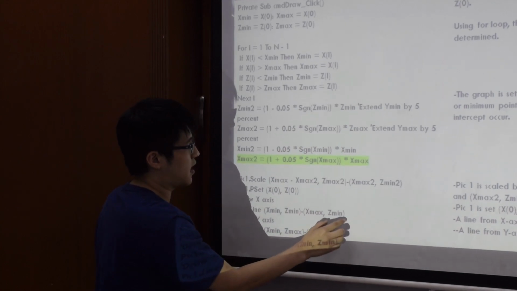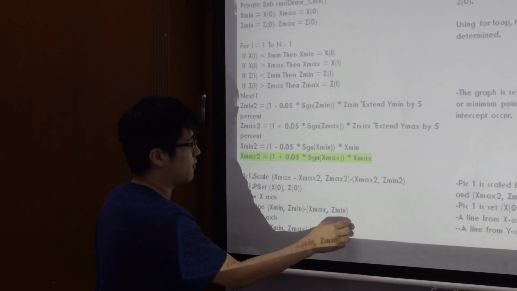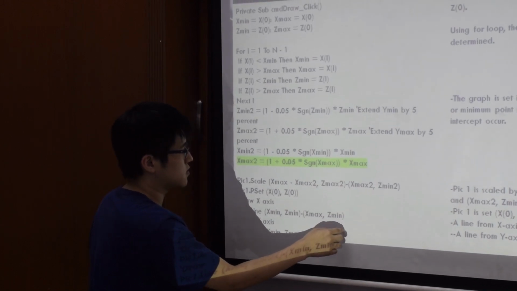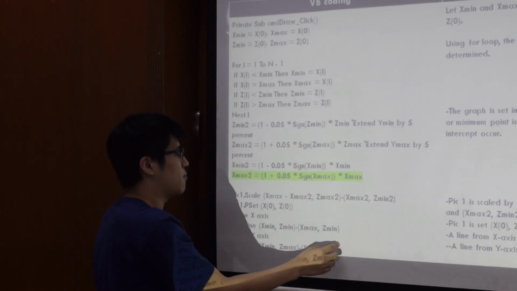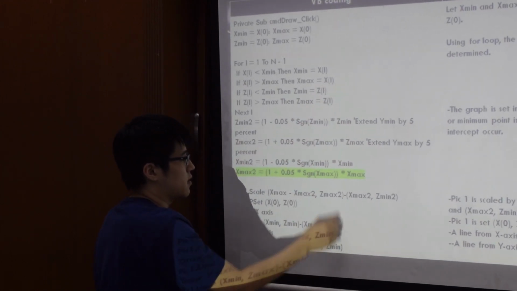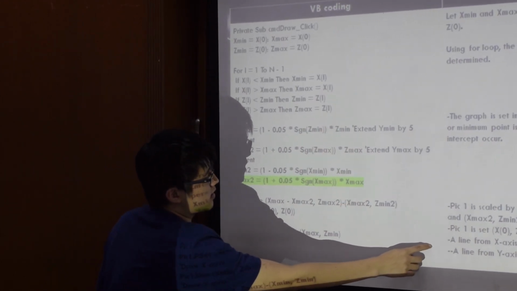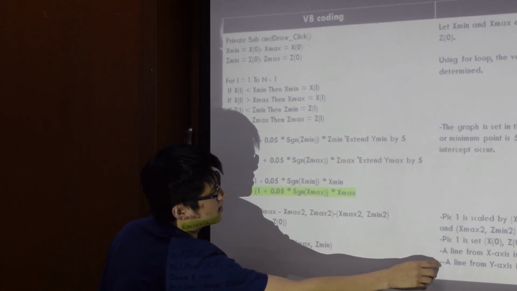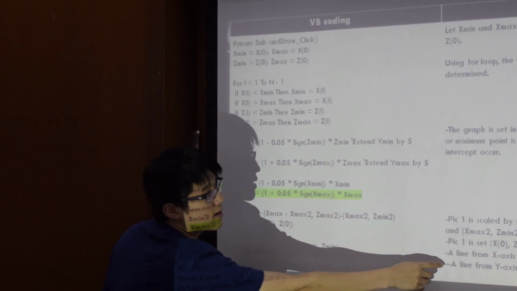So the point of the X, the negative X max, and the point for the Y is the Z max 2, until the negative X max, until the X max 2 and the Z minimum 2 at the right hand bottom.